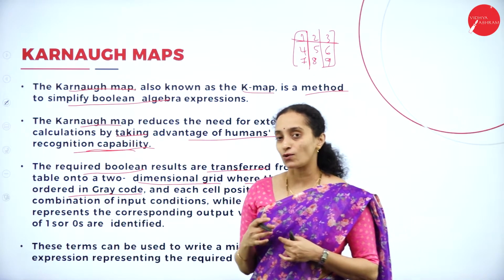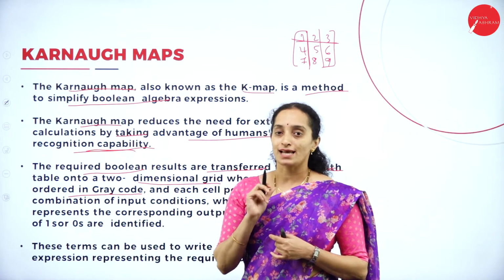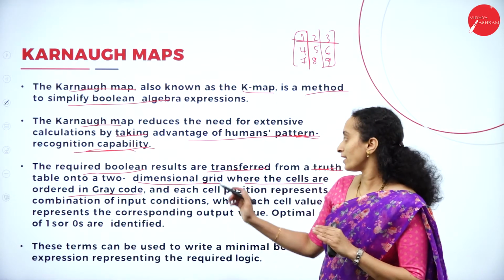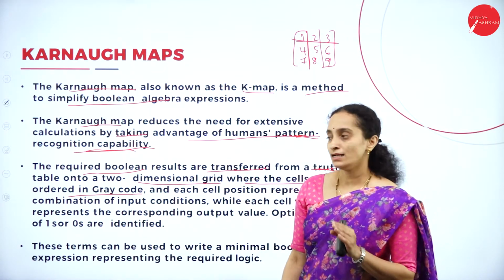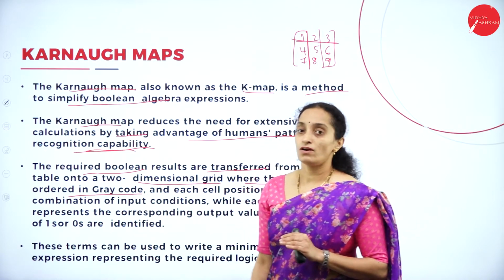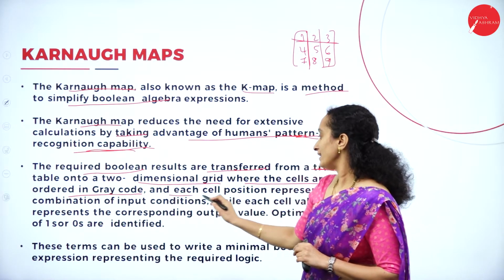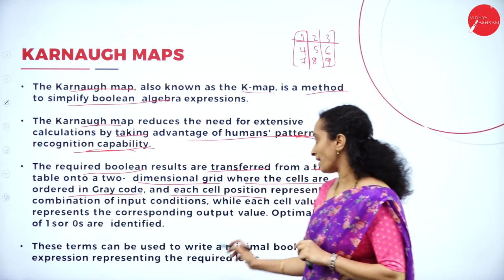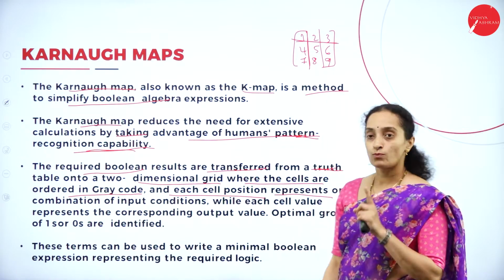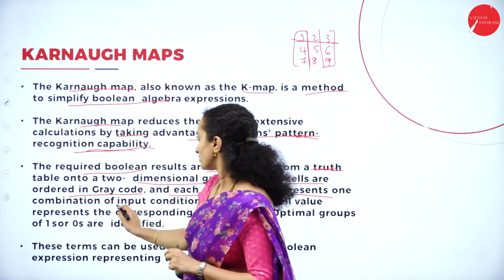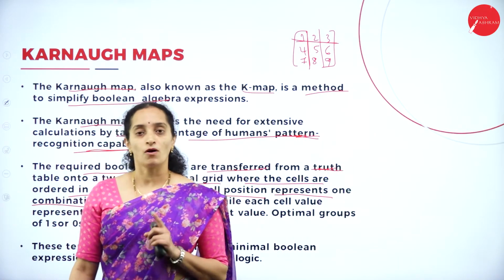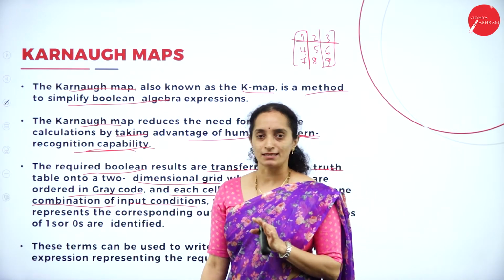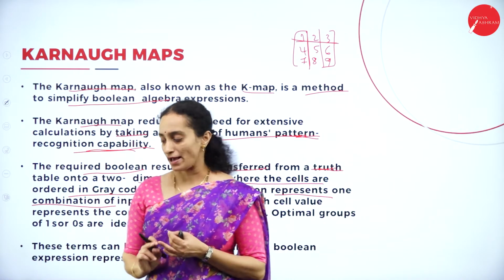Where in Gray code, 1 bit changes at a time, is it not? We are going to fill these Boolean results in a grid ordered with Gray code, and each cell in the table or the map represents one combination of the circuit, one minterm or maxterm. Input condition is nothing but minterm or maxterm.